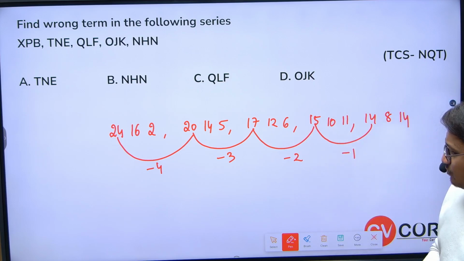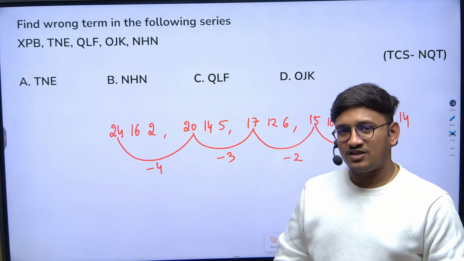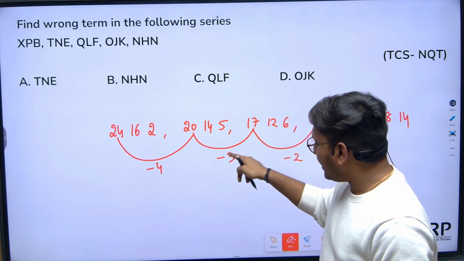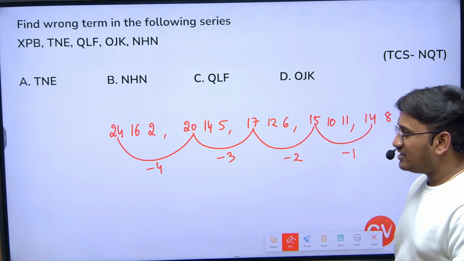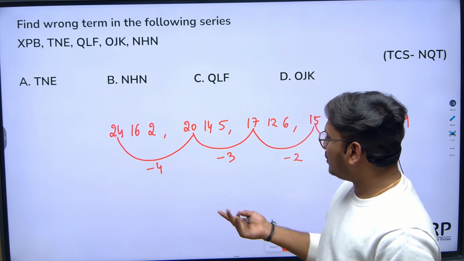So 24 minus 4, minus 3, minus 2, minus 1. There is no deviation in the first letters of all the clusters. Now let's move on to the next one.